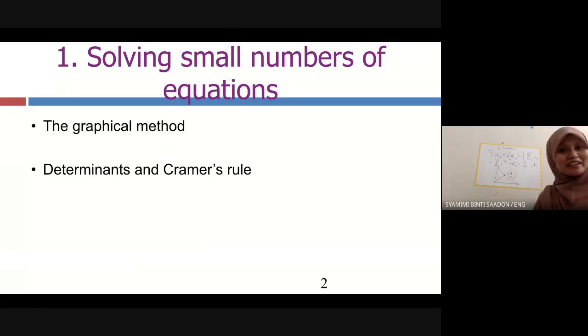I taught how to find the determinants of a matrix, and by using Cramer's rule we calculate the determinants and find the answer to the linear algebraic equation. Try to recall the method: how to solve linear algebraic equations by using determinants and Cramer's rule.